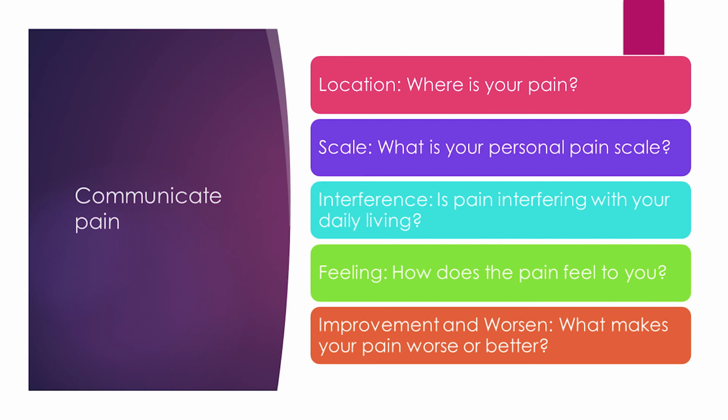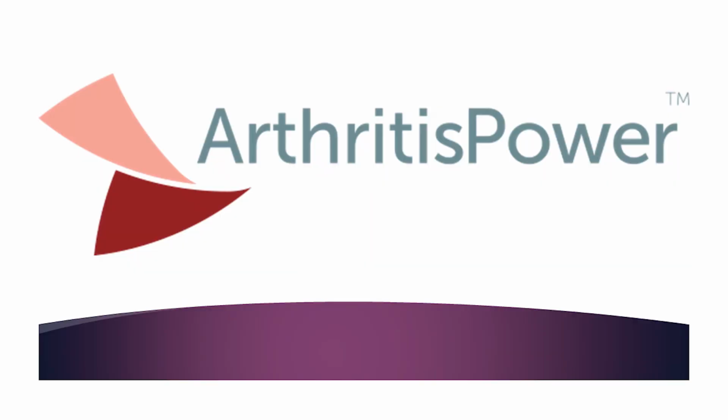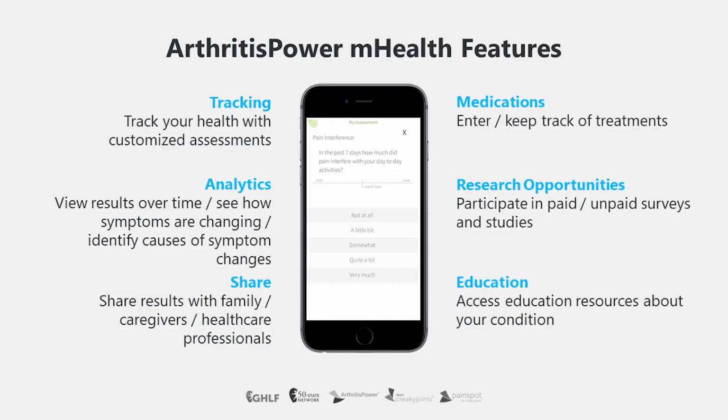All right. So with all of that, I'd also like you to remember to not forget to track your RA pain with an app or writing it down. We have an app called Arthritis Power, and this app is a patient-centered research registry for joint, bone, and inflammatory skin conditions.